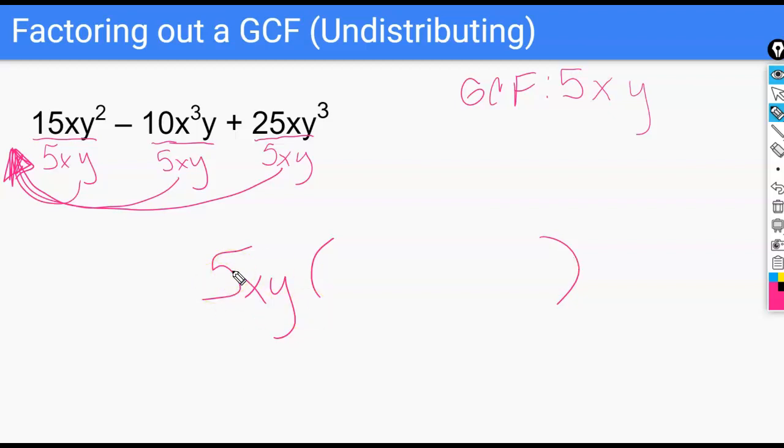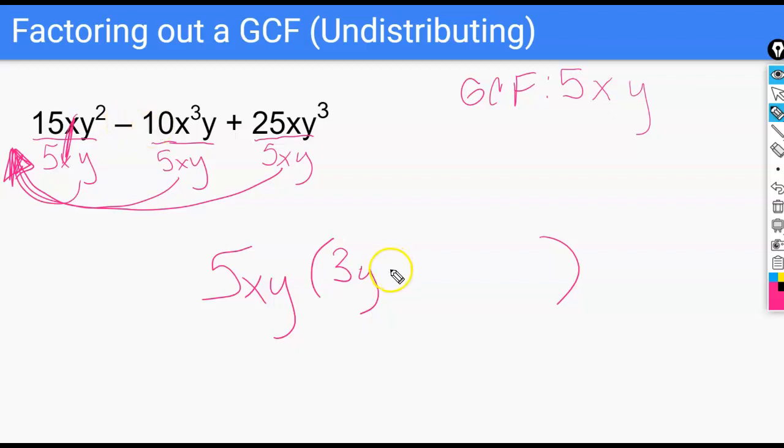the parentheses. This is again why we spent like a whole day reviewing just how to divide monomials, because that's what we spend the most time dividing. 15 divided by 5 is 3. X divided by x will just cancel, and y squared divided by y is just going to be y.